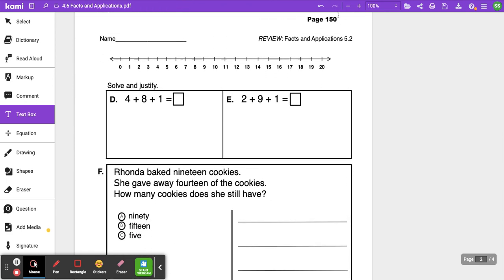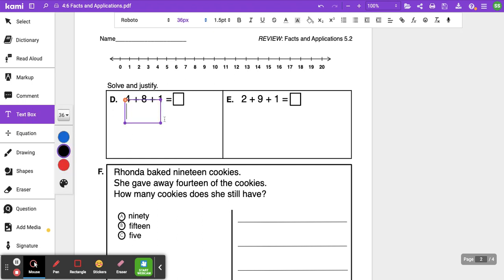This is page 150. We're going to add them up, find the sum, solve and justify here. 4 plus 8 plus 1. All right, when we do this, we want to first put two numbers together. So we're just going to do two terms first. 4 plus 8.